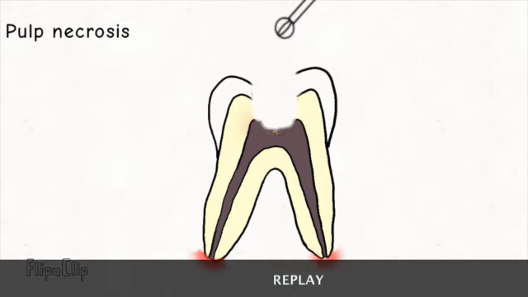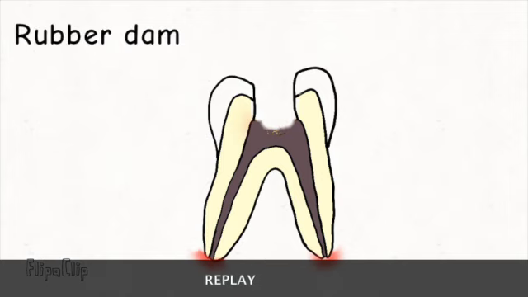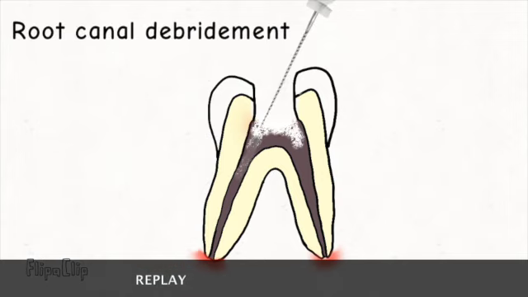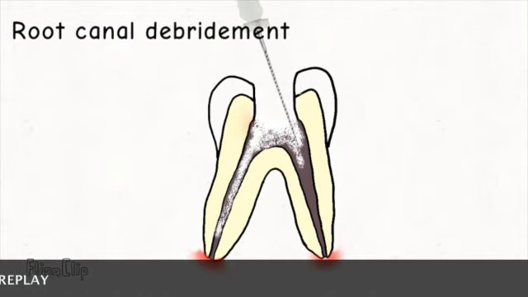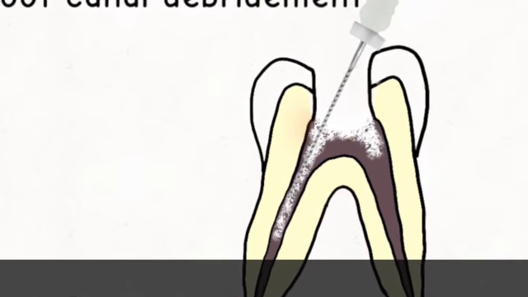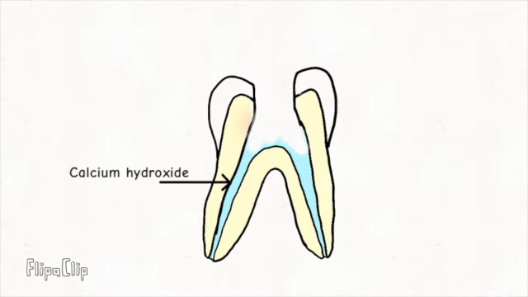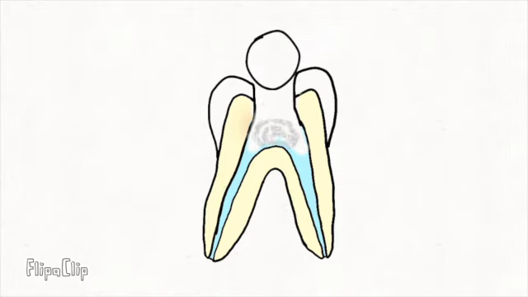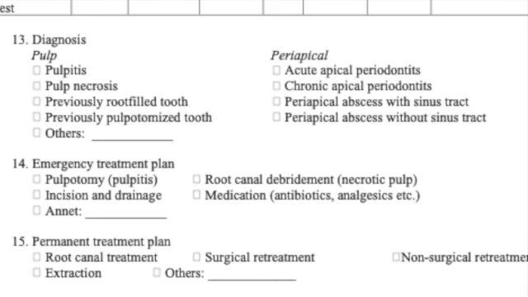You may use thin files to remove necrotic pulp tissue from the root canals. Use copious irrigation. Fill the root canals with calcium hydroxide. You may seal the root canal with a sterile pellet and a temporary filling material.